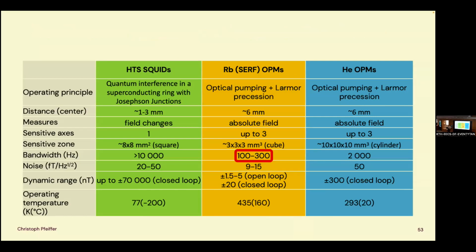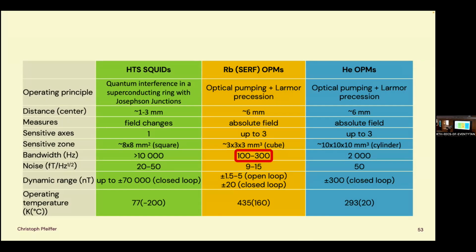One brief thing to mention is this bandwidth issue. OPMs have a much shorter bandwidth than the other types of sensors. For most things that we're looking at in MEG, it's more than enough. Typically we look at signals below 100 Hertz. But one thing I mentioned before is this co-registration.